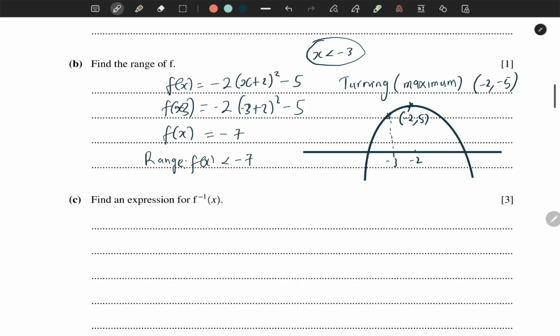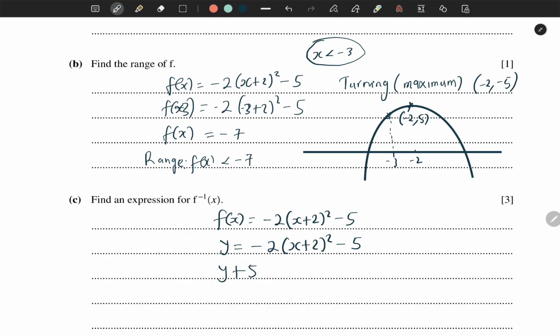Next thing is to find the inverse of that function. The inverse of that function, we continue from where we stopped, from f of x equals minus 2(x plus 2) squared minus 5. Represent this as y. So we have y equals minus 2(x plus 2) squared minus 5. Make x the subject.